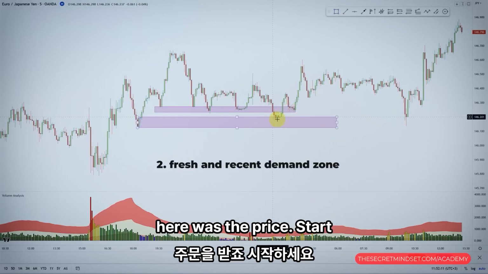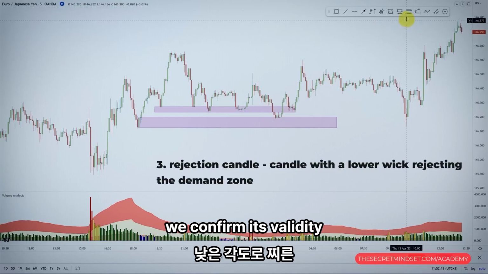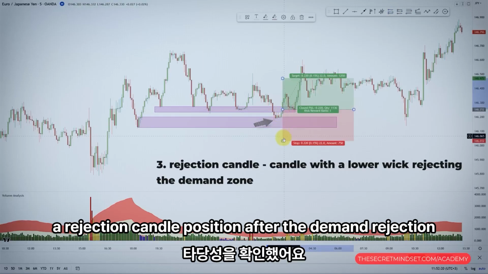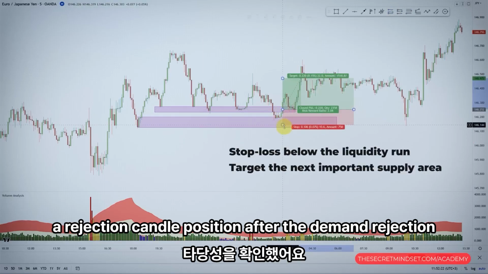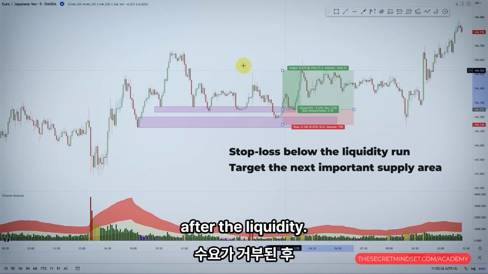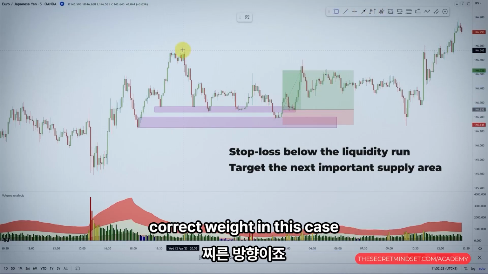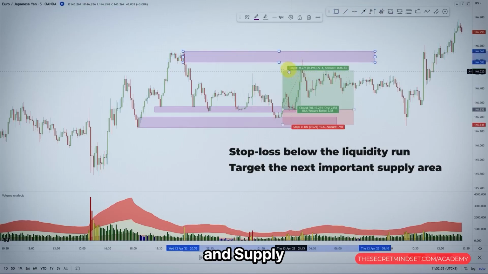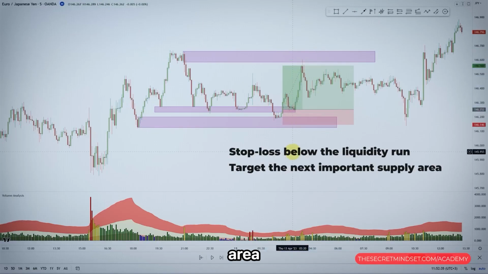Once the price touched our demand zone, we confirmed its validity after we saw this candle with a lower wick, a rejection candle. A long position after the demand rejection, after the liquidity clearout, was the correct trade in this case. Stop loss below the liquidity run and target the next important supply area.